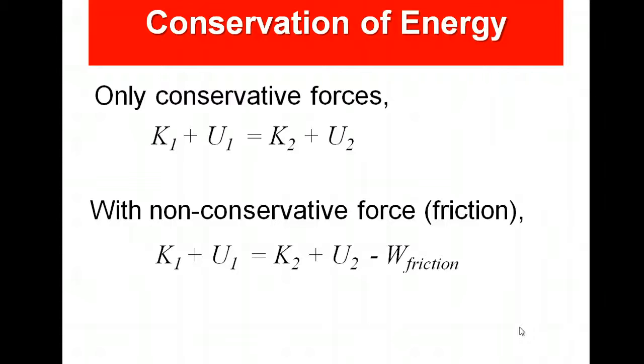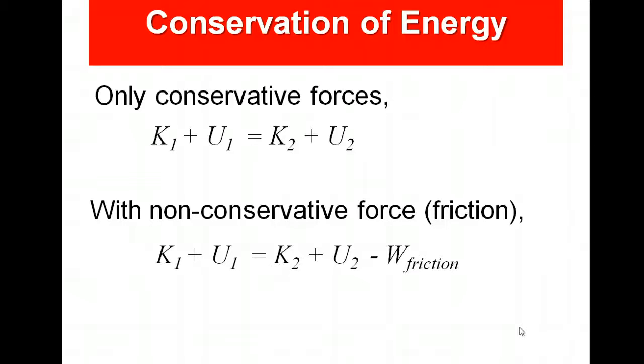Well, clearly some energy will be lost, will be sucked out of the system by friction. And so to make an equation out of this, I'm going to have to add a positive quantity to the right-hand side.